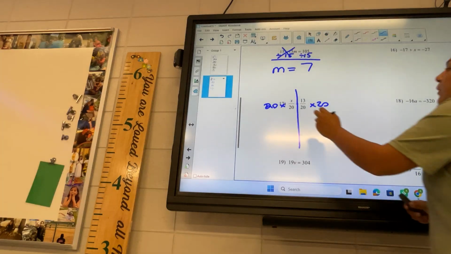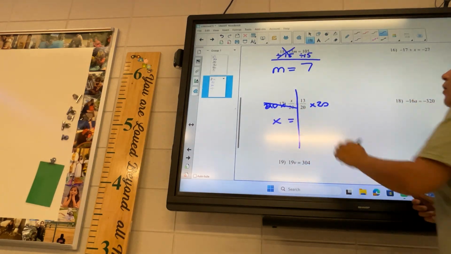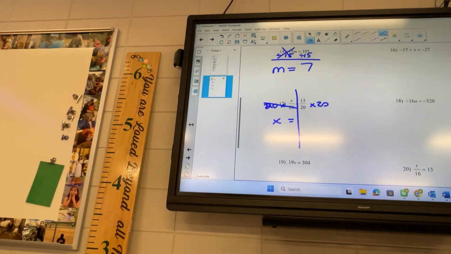They cross out. Now, on your calculator, this is what we're learning: you're looking for a button on the left side of the calculator that looks like this.